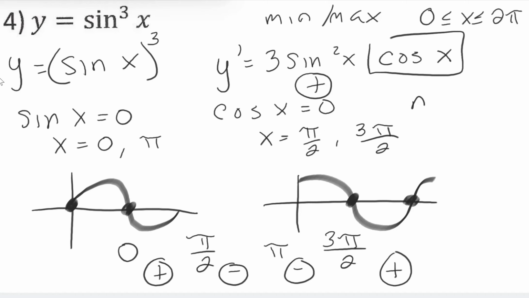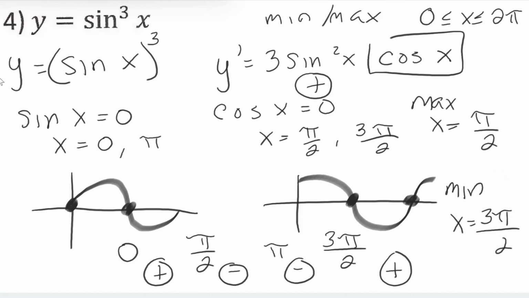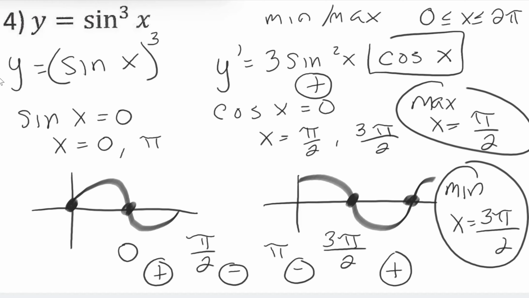So a max at x equals pi over 2, and then a min at 3 pi over 2. And there's nothing at pi because it doesn't change direction there.